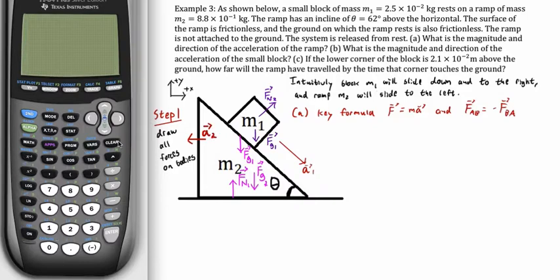All right, so let's go ahead and write our sum of forces, which we will call step 2. Step 2, write the sum of forces on both blocks in both axes.